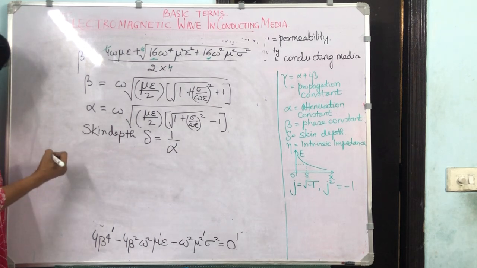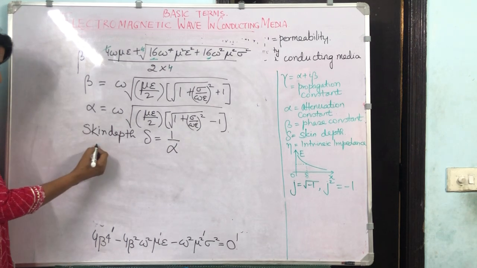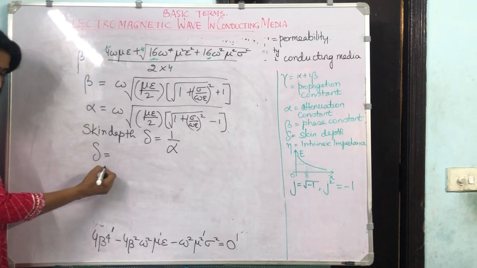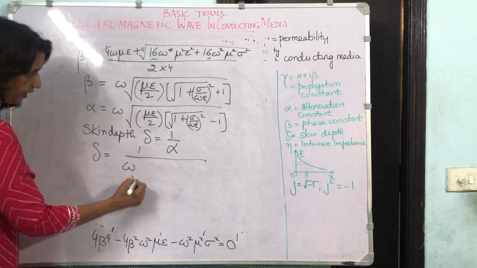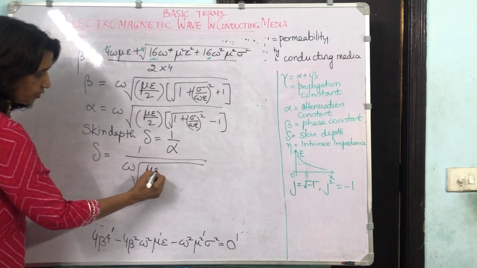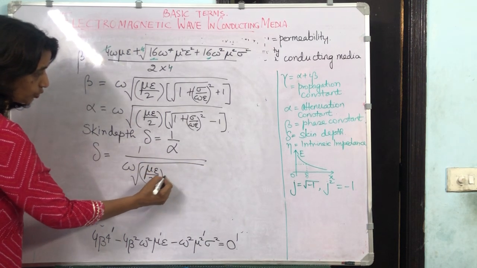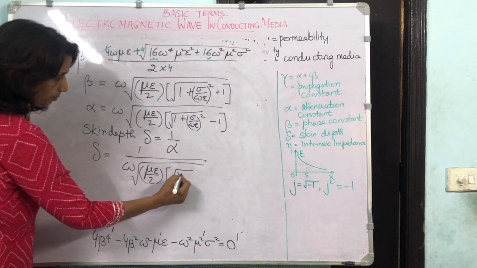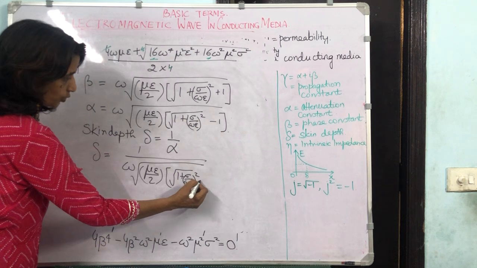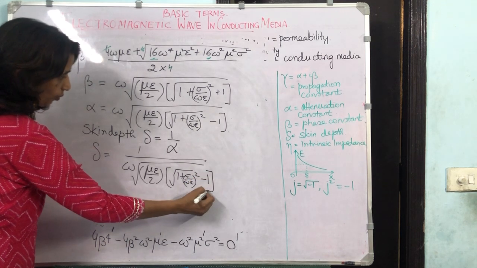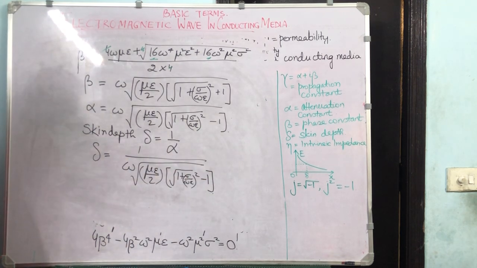So the formula for skin depth becomes delta is equal to 1 upon omega under root mu epsilon by 2 into under root 1 plus sigma upon omega epsilon whole squared, minus 1, right?